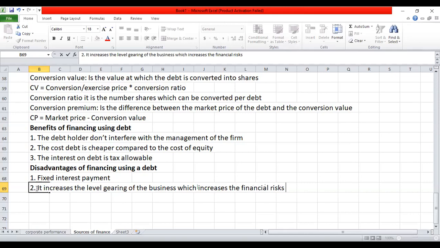If you are financing using debt, you are increasing the level of gearing, but as you increase the level of gearing, you also increase the financial risks.